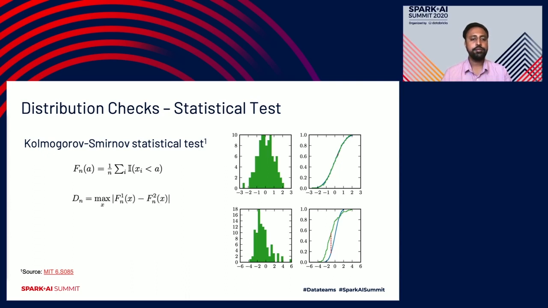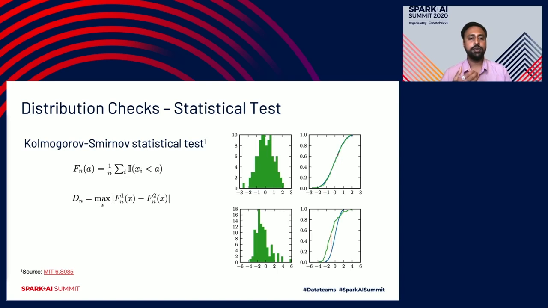The maximum discrepancy value is denoted by the variable D_n. It compares the two CDFs and computes this red line here. The important point to note is that the closer the value D_n is to 1, the more likely that your two distributions are different.